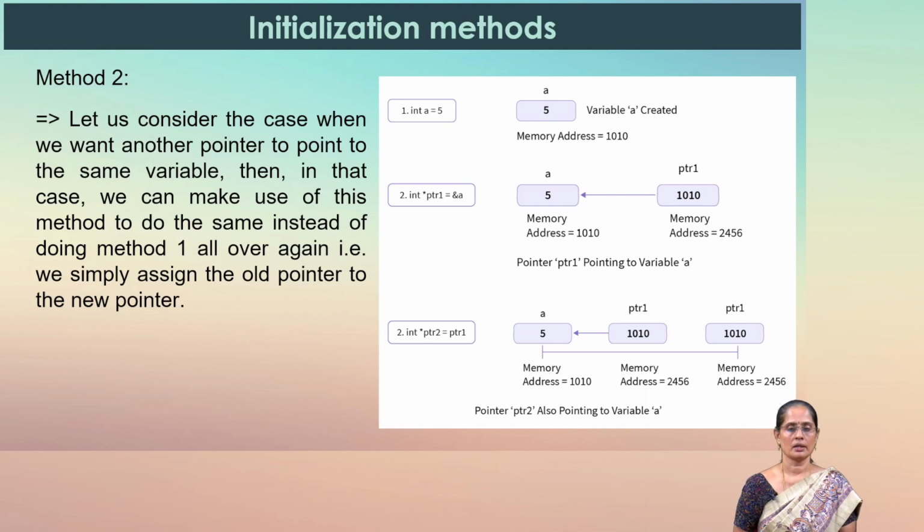Method 2 is, let us consider the case when we want another pointer to point to the same variable. Okay. So, as a first step, we do the same process. The first and second step are similar to method 1. In method 2, we are adding one more step, int asterisk ptr2 equal to ptr1.